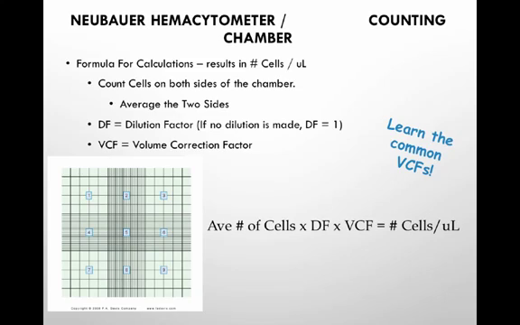This would give us 0.02 millimeters cubed. And again, another way to write that would be microliters. So our volume correction factor for the 5 small squares would be 1 microliter divided by 0.02 microliters, and that is how I get my 50.